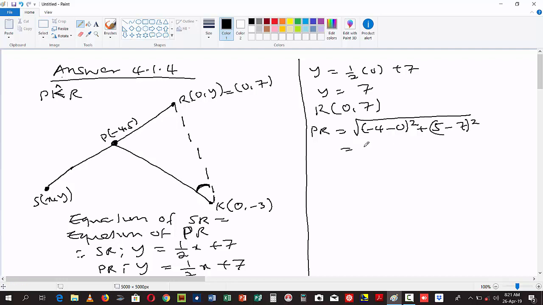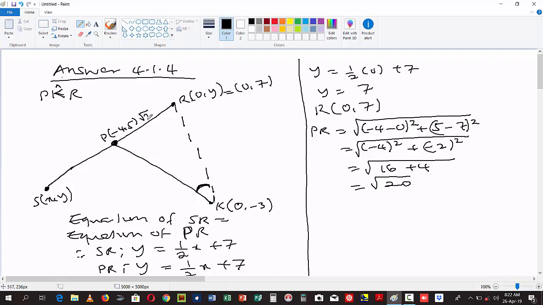This is going to give us (-4) squared plus (-2) squared, under the square root. This gives the square root of 16 plus 4, which is the same thing as the square root of 20. Therefore, my distance PR is the square root of 20.